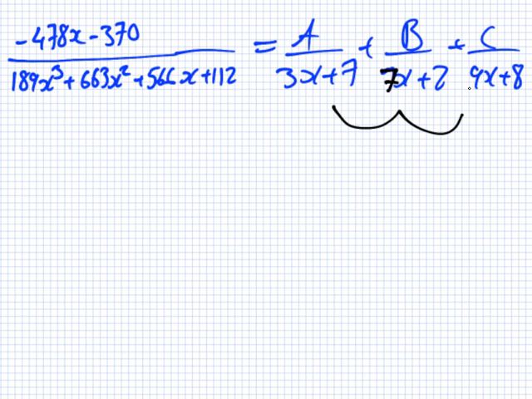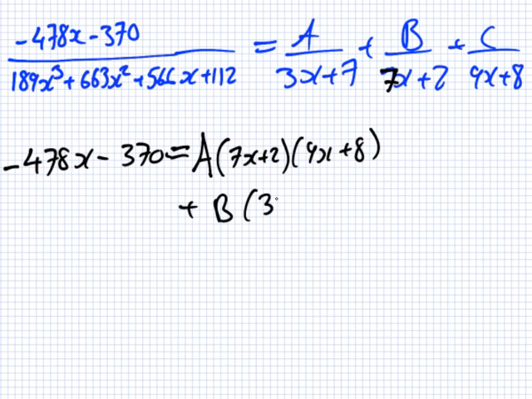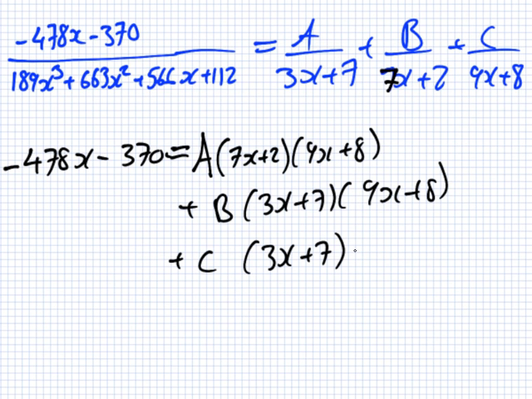Now, if I use method 2, I end up with minus 478x minus 370 equals A times 7x plus 2, 9x plus 8, plus B, 3x plus 7, 9x plus 8, plus C, 3x plus 7, 7x plus 2.